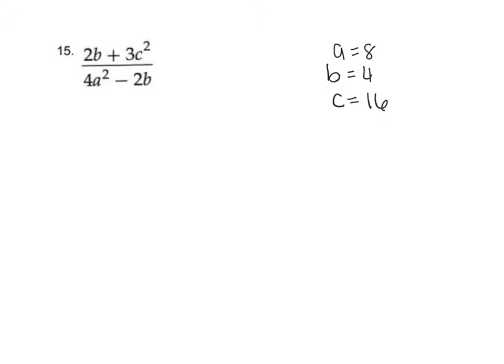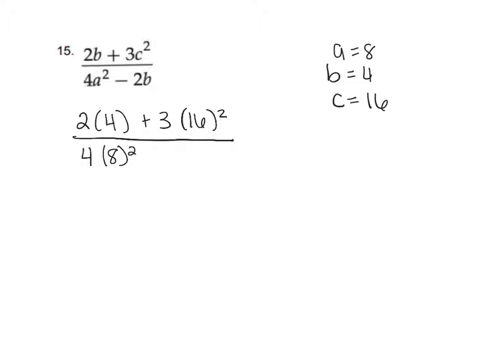So my next line is going to look like 2 times 4, that would be the b value, plus 3 times 16 squared over 4 times 8 squared minus 2 times 4.